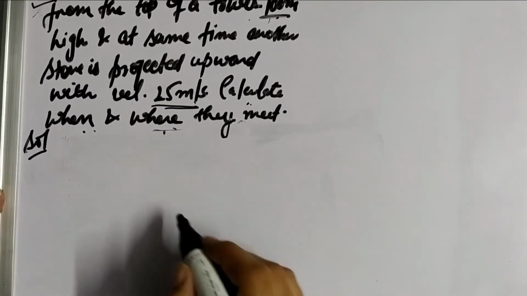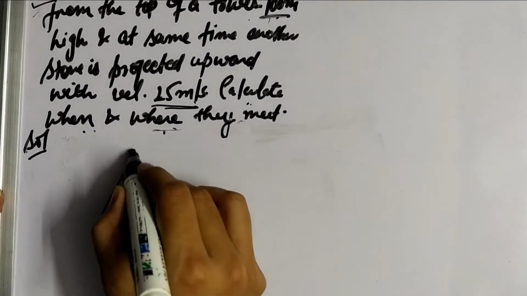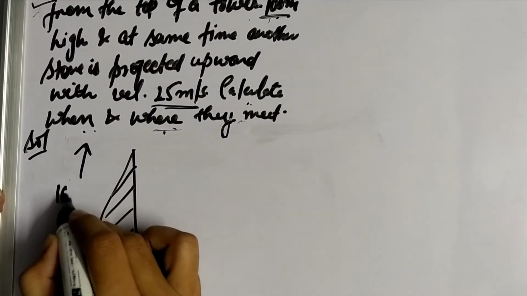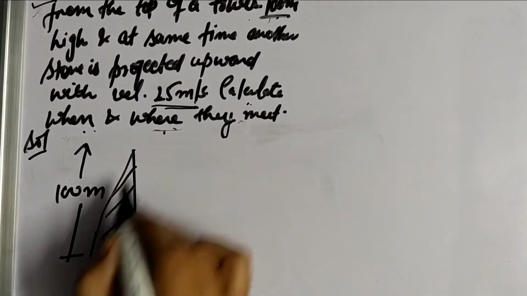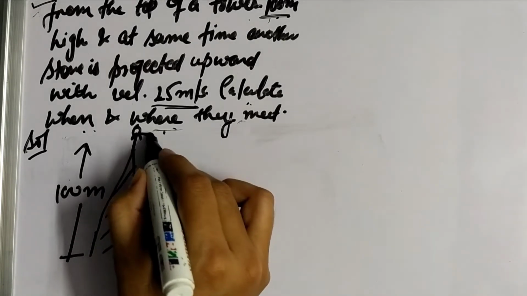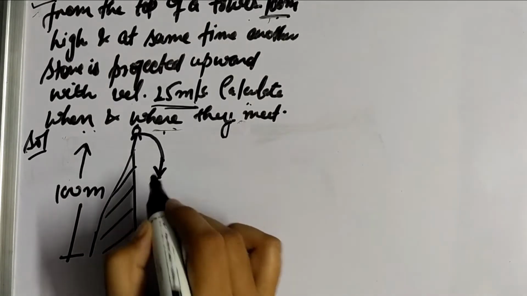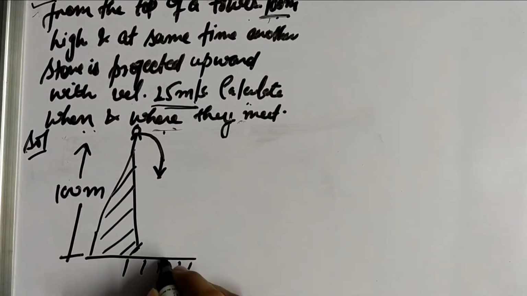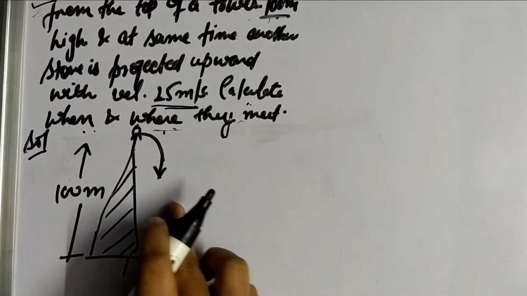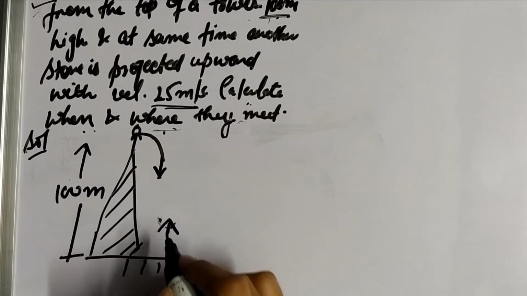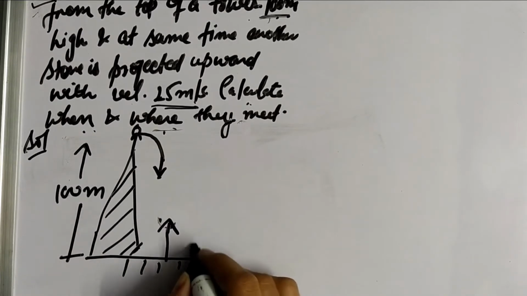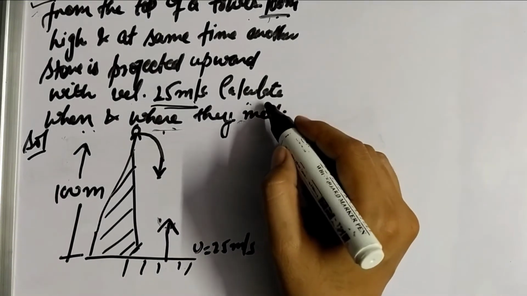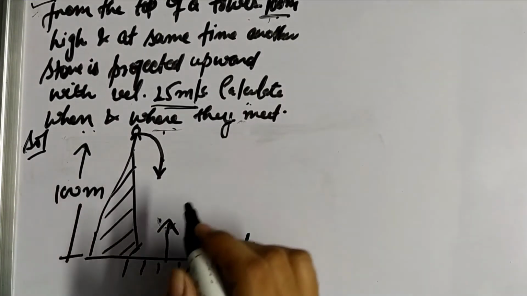So the situation is, there is a tower having height 100 meter, and from the top of this tower a stone is released, and at the same time another stone is projected upward with velocity 25 meter per second. The question is we need to find when and where they will meet.